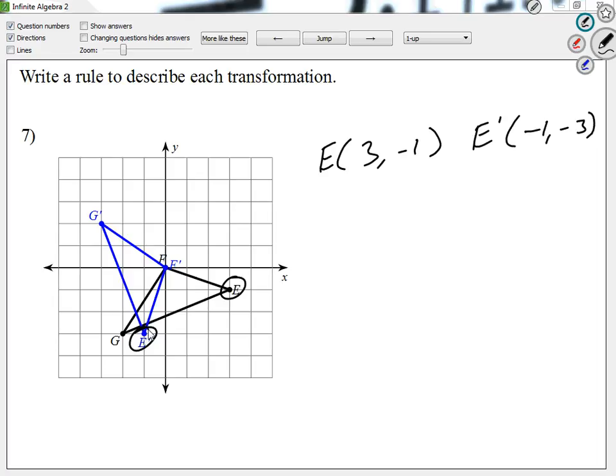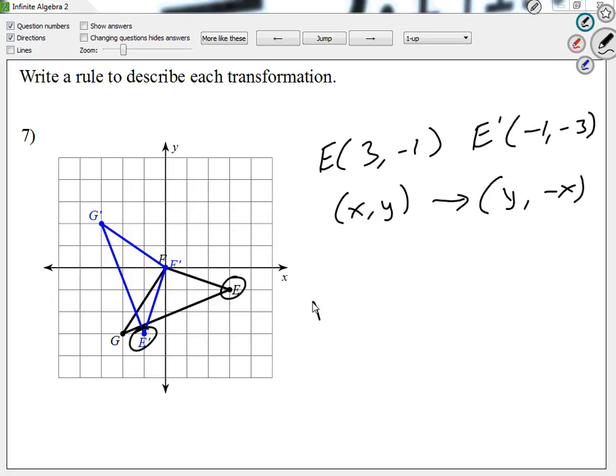I notice that (x, y) becomes (y, -x). There was swapping y and x, and the value that was x, I switched the sign. So (x, y) became (y, -x). Which rule is that? Reflection across the line y = x.